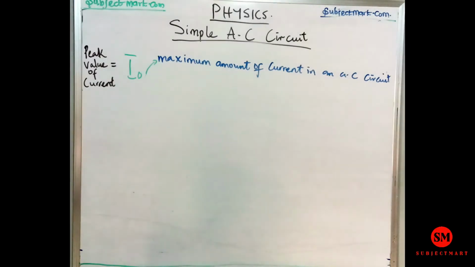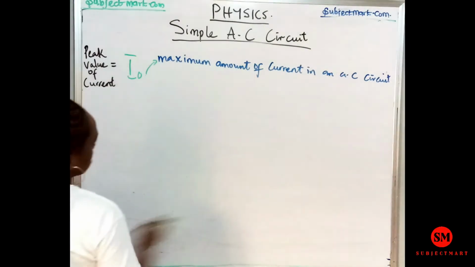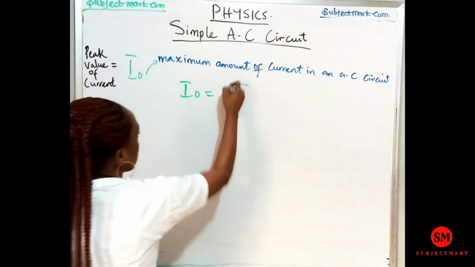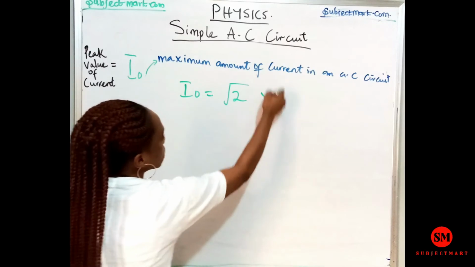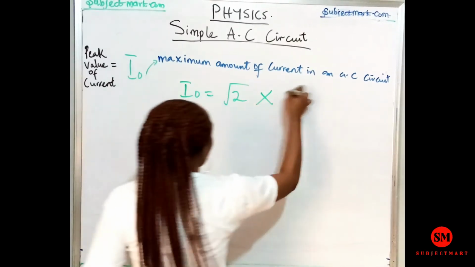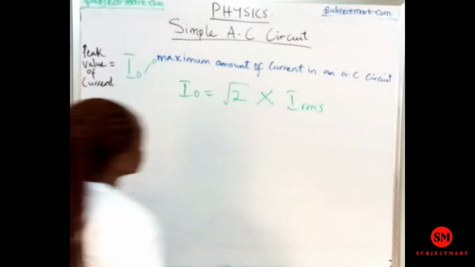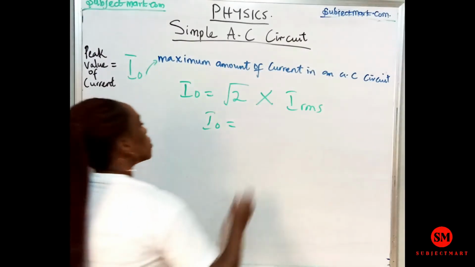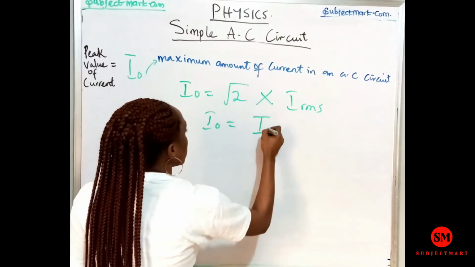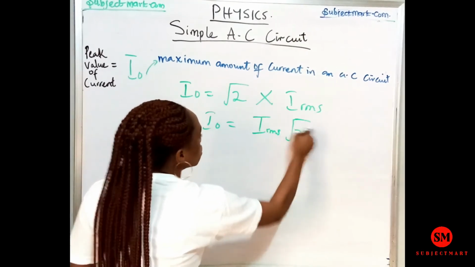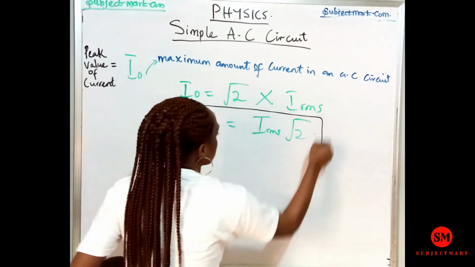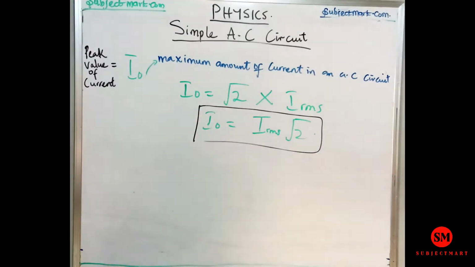And it's given by I naught = square root of 2 times Irms. So I can as well write it as I naught = Irms root 2. This is the mathematical statement that defines the peak value of the current.